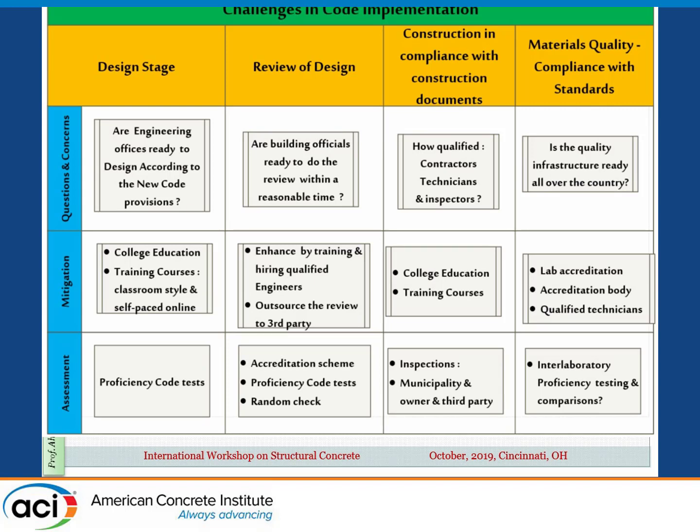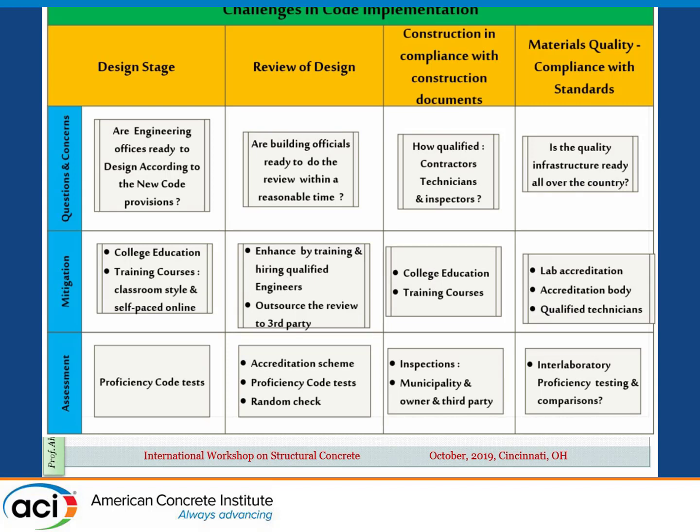So we can look at the issue here. I'm just summarizing what the challenges are. We have something at the design stage and the review of design, something about construction in compliance with construction documents, and material quality. These are issues that we need to consider. For the design stage, the question was, are engineering offices ready to design according to the new code?